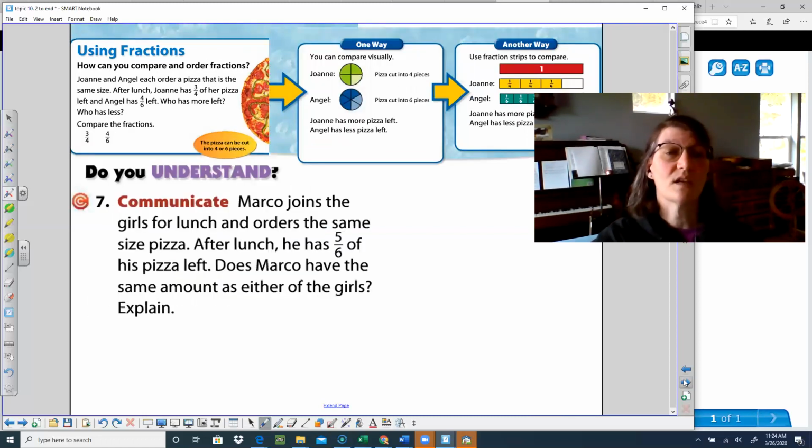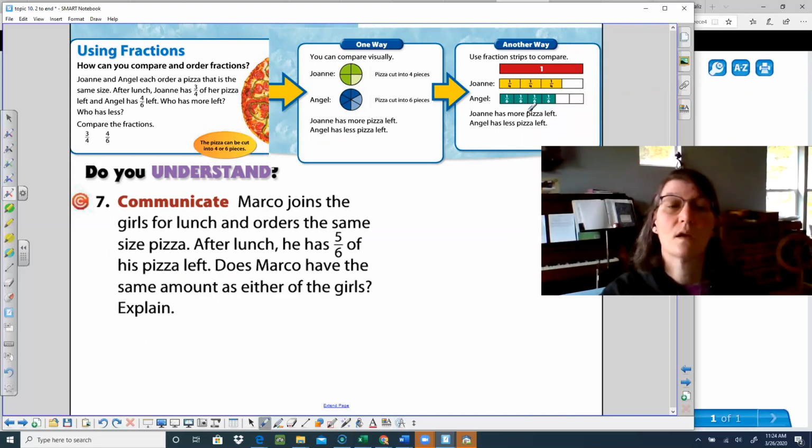Okay, number 7. So I brought this stuff over. I'm going to move this so that we can see the visual. If we remember right, Joanne was 3/4. Angel, 4/6.